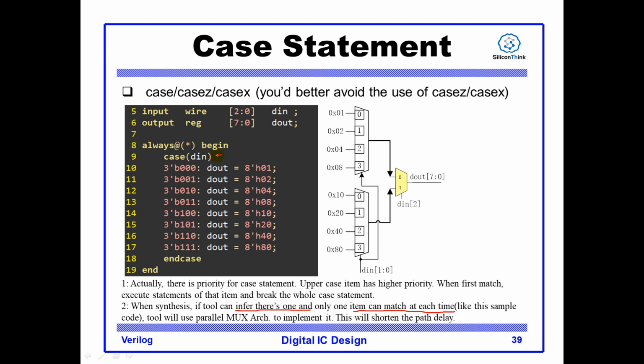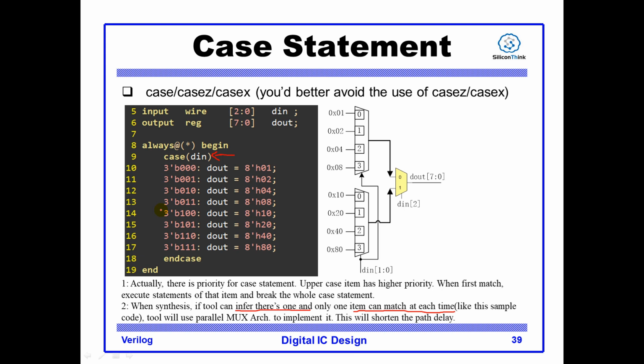D is a 3-bit signal. We have listed all the possible values here, and it can match one and only one for this code.